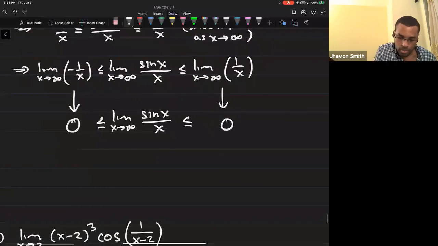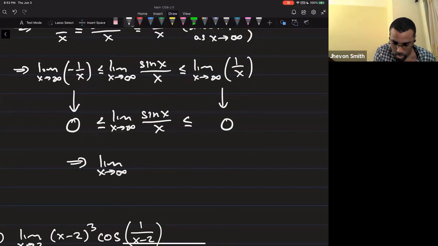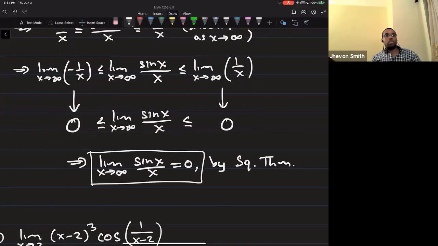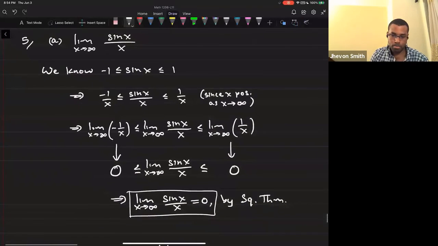Has to be 0. Then you say by squeeze theorem. Sometimes I'd write it like that. So that's the squeeze theorem. So you get sine x over x is that.